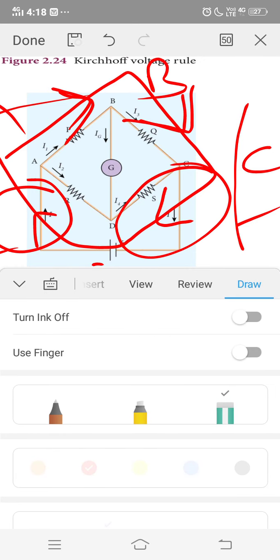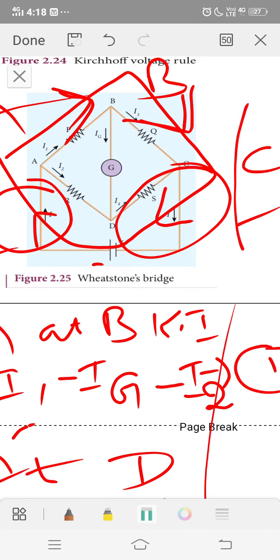Here the current is leaving, and here the current is entering. So at one particular potential difference, when both currents are equal, the voltage across the galvanometer gets balanced. That means the potentials at points B and D are the same, with positive here and negative voltage drop here.